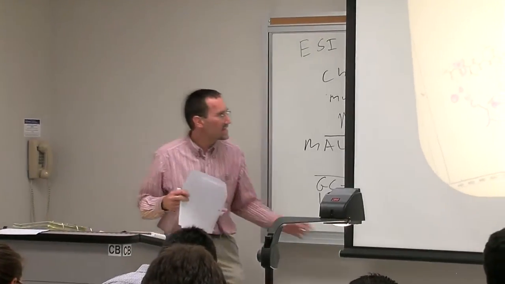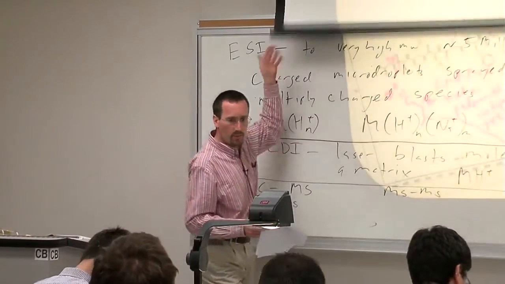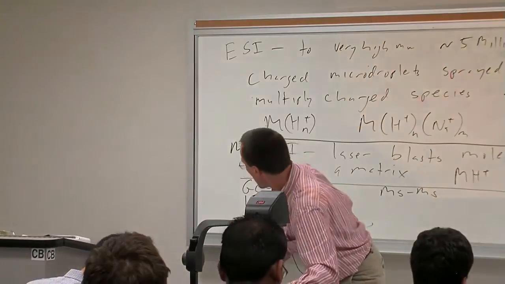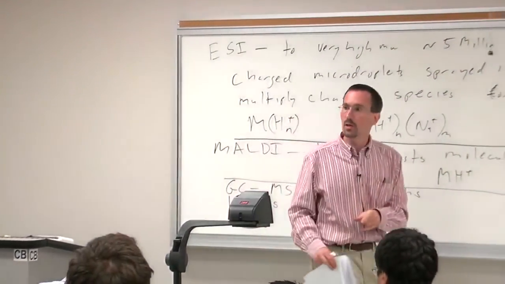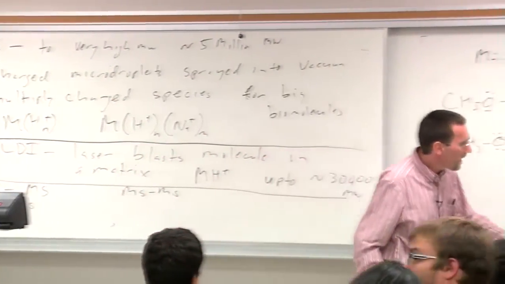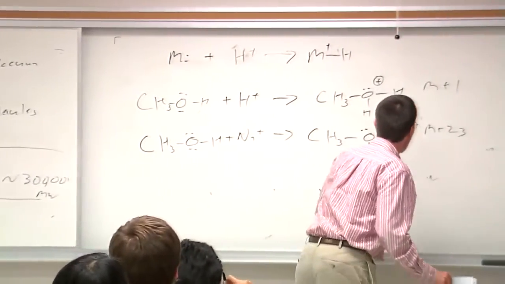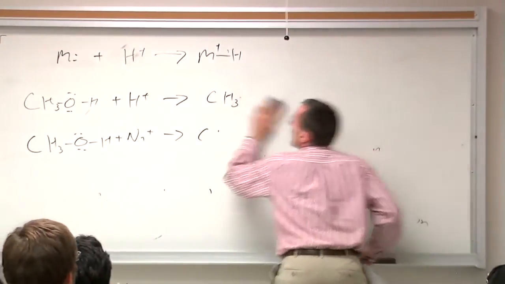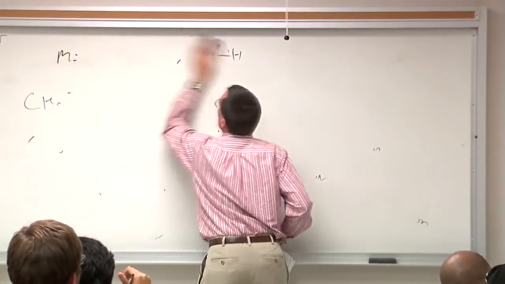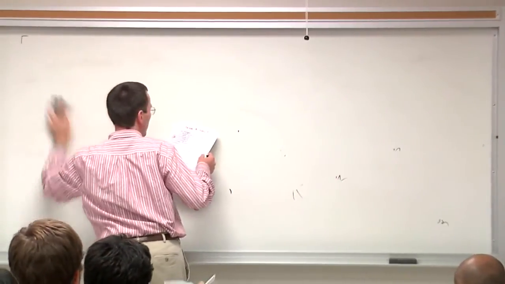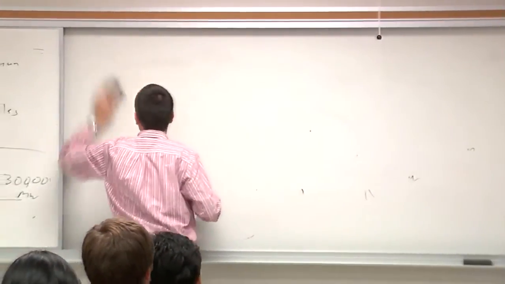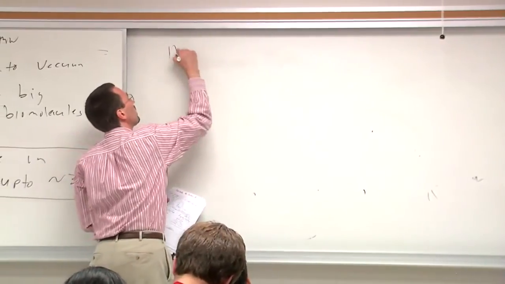All right, the last concept I want to bring to mind is something very simple. It's what's often called the nitrogen rule, and I'll just play with this for 1 second.